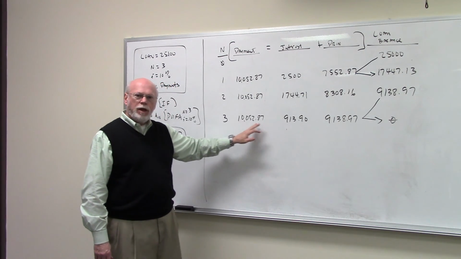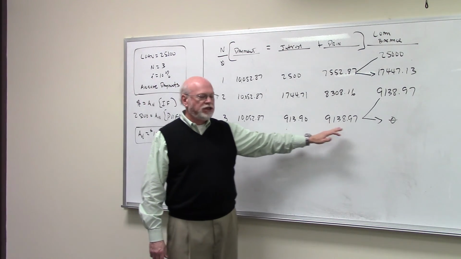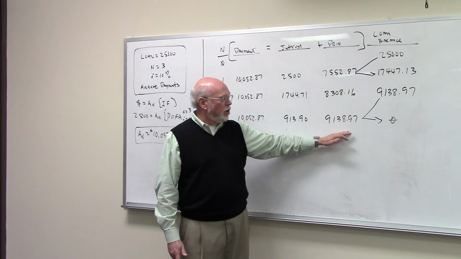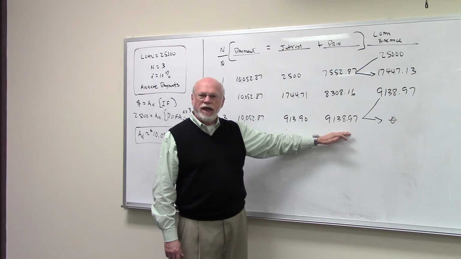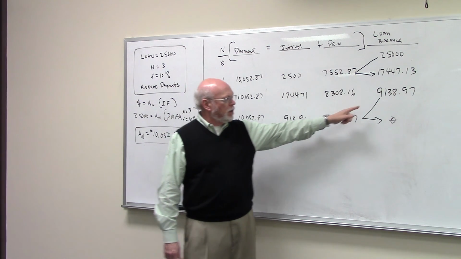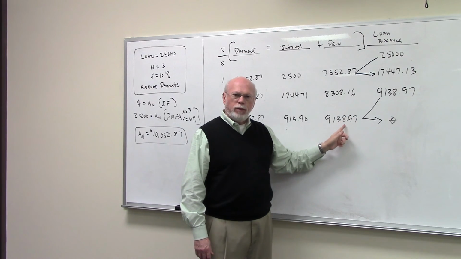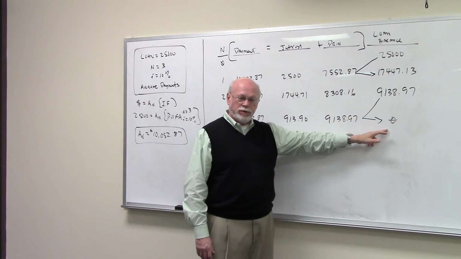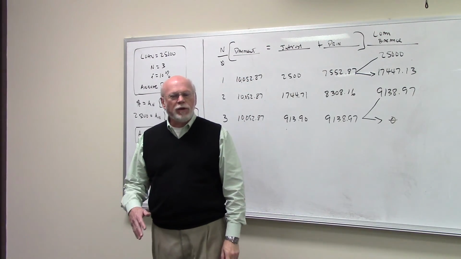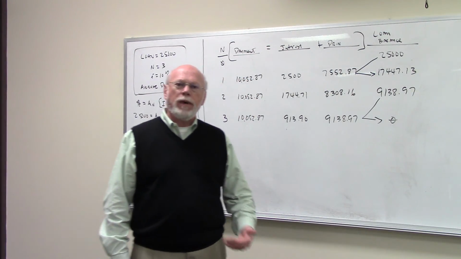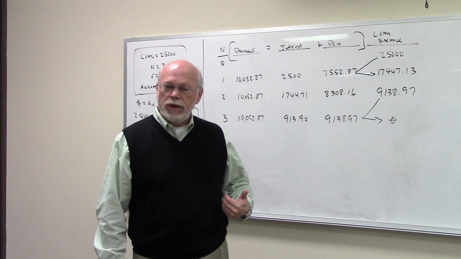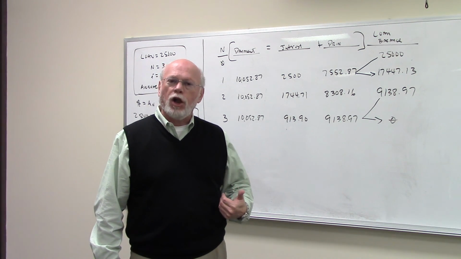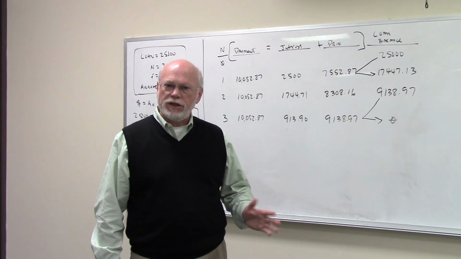The payment minus the interest is the principal portion of the payment, which turns out to be $9,138.97. $9,138.97 minus $9,138.97 is 0. A perfect amortization schedule. The loan balance is 0 at the end of the third year. A loan is over when the loan balance goes to 0.